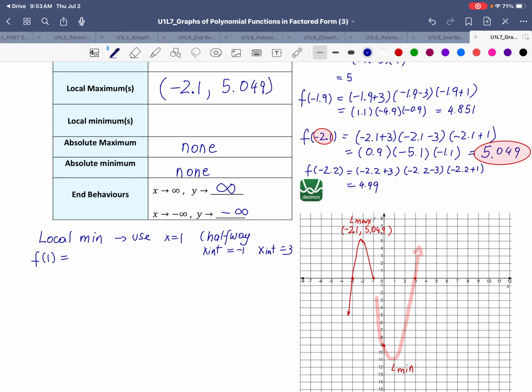So at x equals 1, this is going to be super easy to evaluate. We have 1 plus 3, 1 minus 3, and then 1 plus 1. And we get 4 here, negative 2 here, positive 2 here, and that will take us all the way down to negative 16.